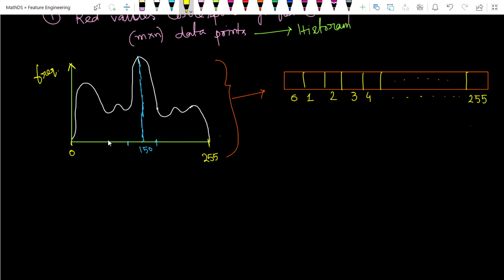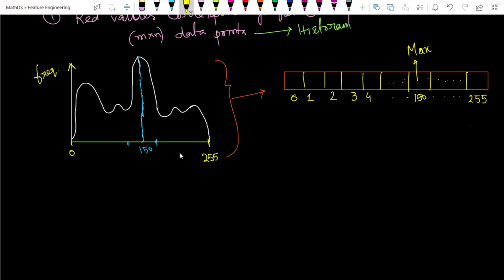So 0 means, just see it, they have some frequency on the 0 range. On the 1 range, they have some frequency. Somewhere here, 150, it will have. Just see it, on this 150, it gets the maximum value.